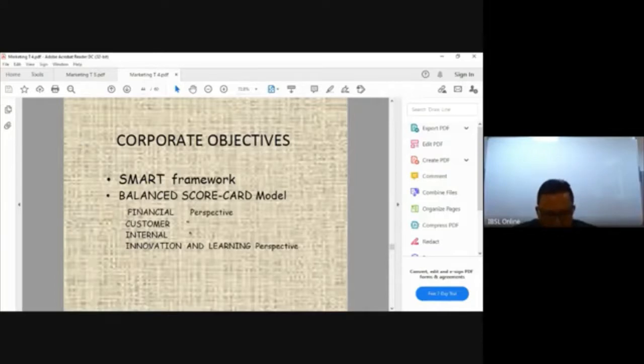Therefore, setting right objectives and doing it smart in a SMART framework is very necessary at this stage. So SMART objectives, and then different perspectives will have to be set to ensure organizational effectiveness and growth and achievement of all those objectives.